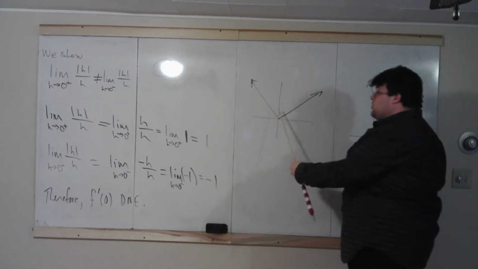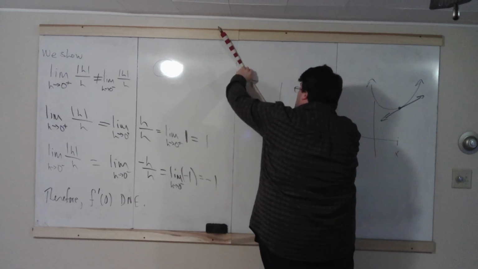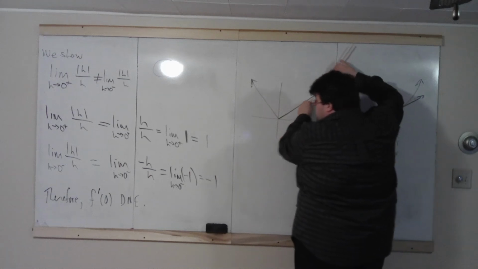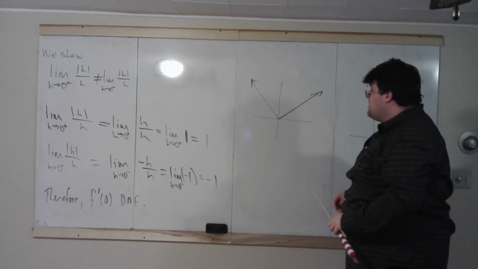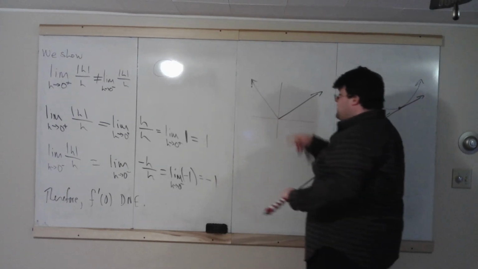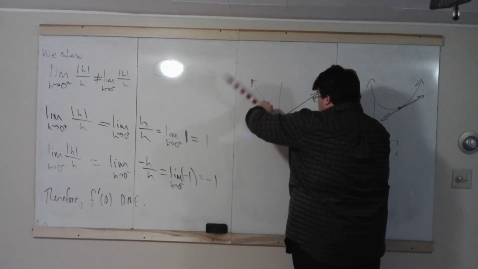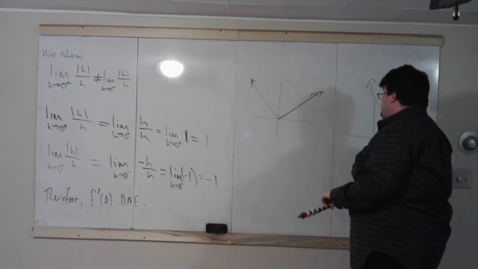On a corner function, like the absolute value, the tangent lines are going to shoot from negative to positive, or if you go the other way, shoot from positive to negative. And because of that, the derivative is not going to exist at this middle point, because it has to jerk around from a positive to a negative.